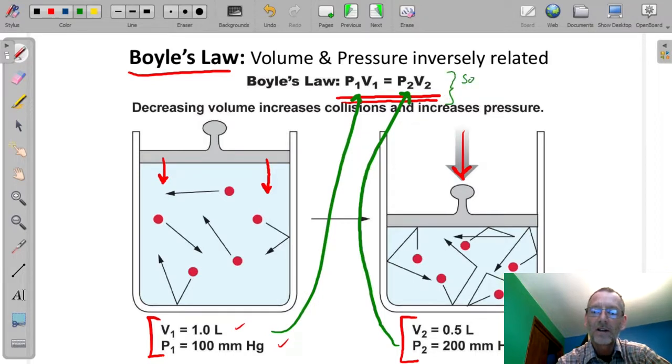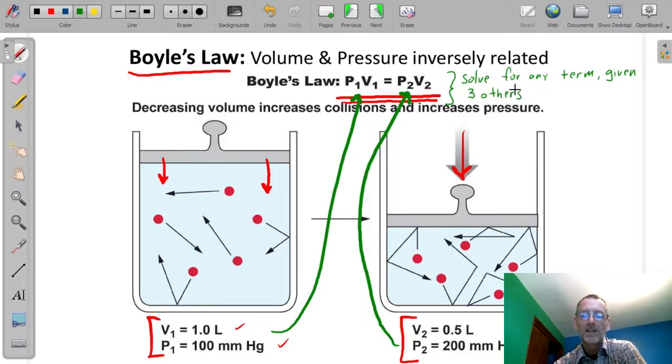So if you had everything except P2, you should be able to solve for P2 from the other 3, and figure out how you do that.